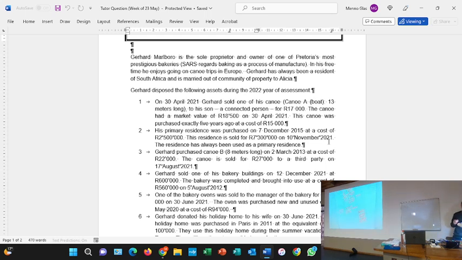That is the total capital gain Gerard had for the 2023 year of assessment. Now you use this figure and your inclusion rate to determine the capital gains tax payable for him for the 2023 year of assessment. At which rate do we include for a sole proprietor?